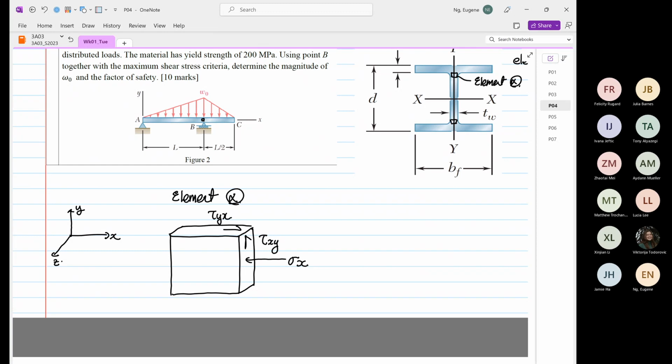Now we have to determine our stress X, shear XY and shear YX. Do not worry for now about how you know the direction. As I said, this is an introduction. I'm just showing you how to assemble everything together at the end of this course, which you have to know, because this is an exam question.